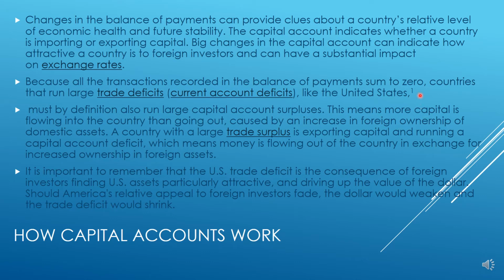Now, because all the transactions recorded in the balance of payments sum to zero, countries that run large trade deficits, like current account deficits, like in the United States, must by definition also run large capital account surpluses. So this means more capital is flowing into the country than going out, caused by an increase in foreign ownership of domestic assets. A country with a large trade surplus is exporting capital and running a capital account deficit, which means money is flowing out of the country in exchange for increased ownership in foreign assets.